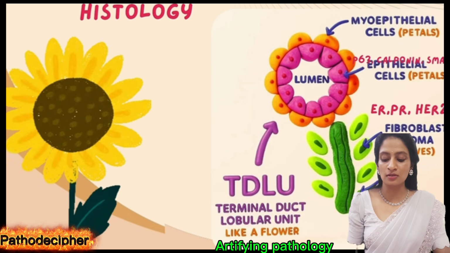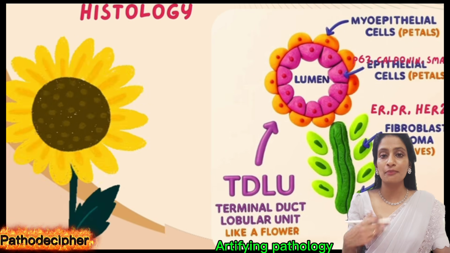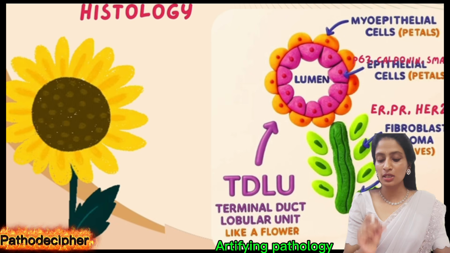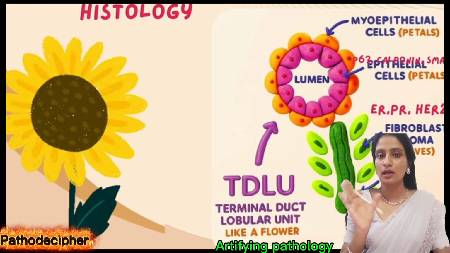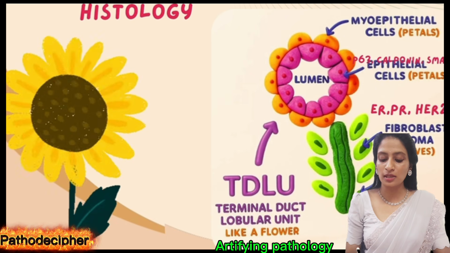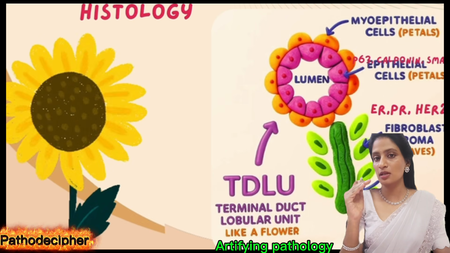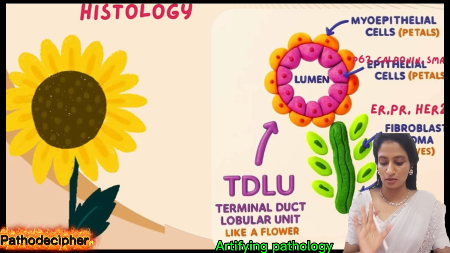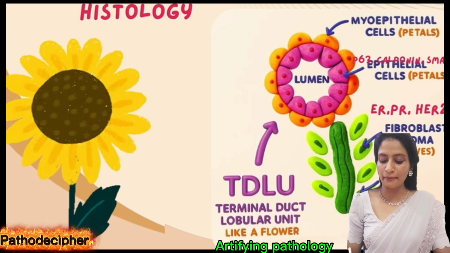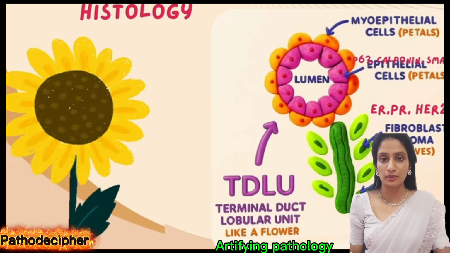The inner circle, the pink cells, are labeled as epithelial cells. The inner layer of the petal is compared with epithelial cells, and the outer layer, the orange cells, are compared with myoepithelial cells. These are the gatekeepers for the breast. And the stem is compared with the duct, and the leaves are compared with the fibroblastic stroma.